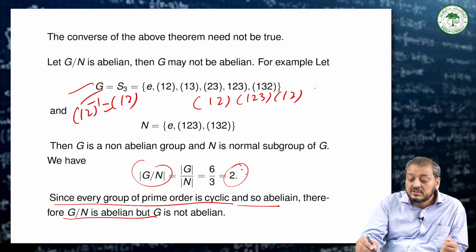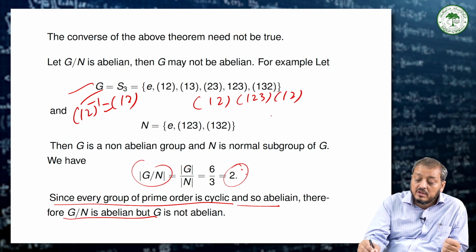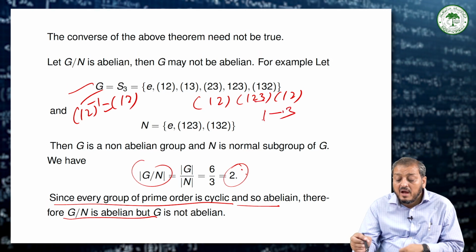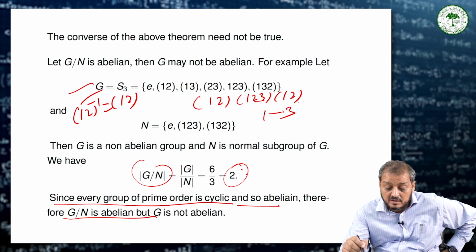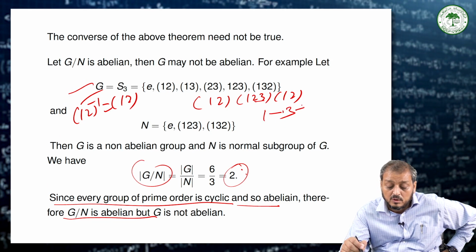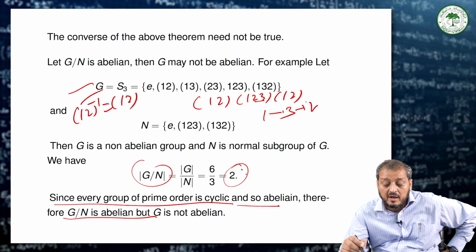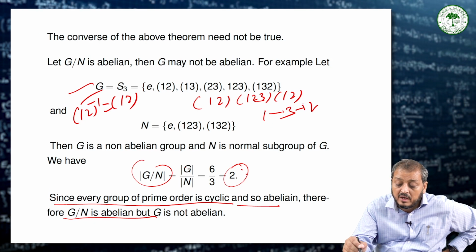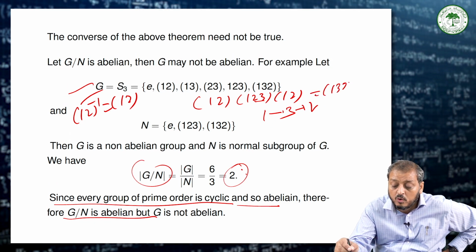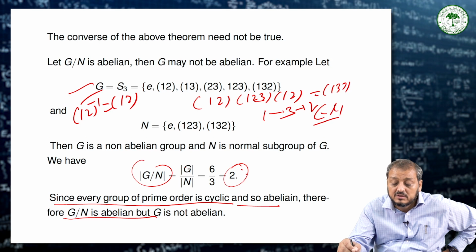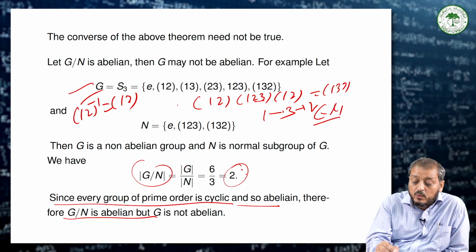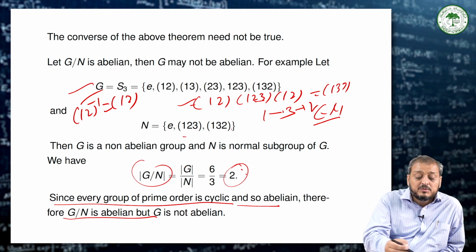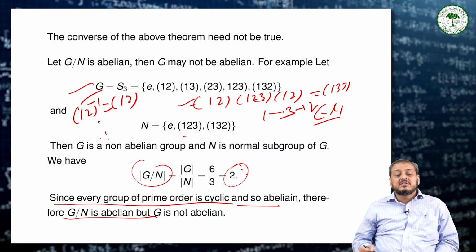Now just see: 1 goes to 2, 2 goes to 3, 3 goes to 3, and then 3 goes to 3, 3 goes to 1, 1 goes to 2. Then again 2 goes to 1, 1 goes to 2, 2 goes to 1. So we get (1 3 2), and (1 3 2) is a member of this set N. So clearly (1 2)(1 2 3)(1 2) is a member of N.